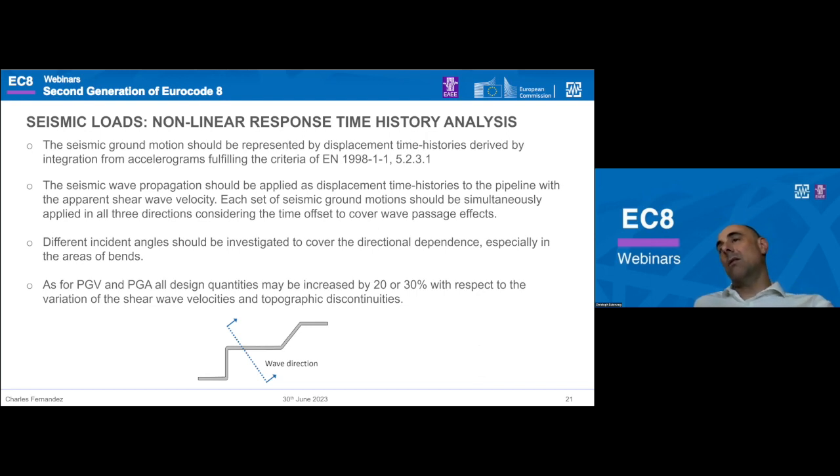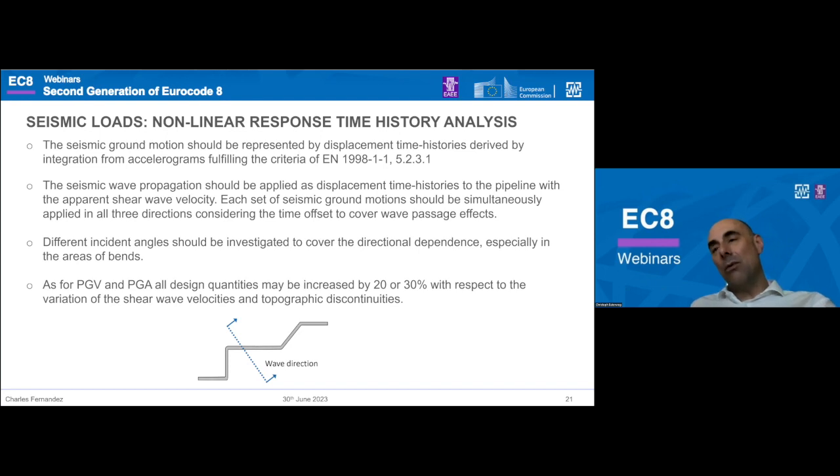We are taking this simple beam model with the spring characteristics, and then we have to apply different incident angles, because we cannot say in advance what is the decisive angle. And here, due to the fact that we have changes in the direction of the pipeline, we have some effects like supporting effects due to the vertical part for the horizontal part of the pipeline and vice versa.